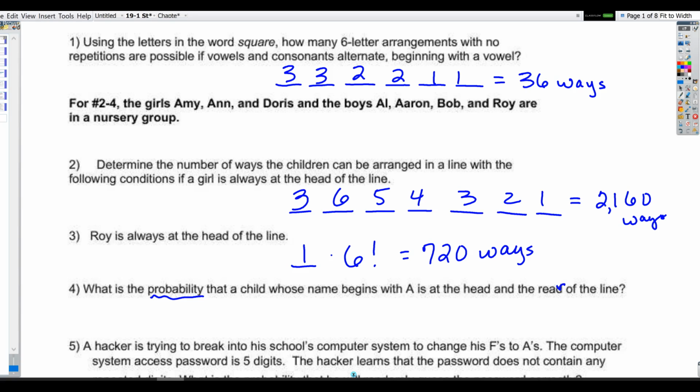So we need to think of it as the probability for any event is the number of ways that the event can occur out of the total combinations. So we need the probability for finding an A at the beginning and an A at the end of the line. Okay? So how many ways can you arrange those 7 people where an A is at the beginning and an A is at the end of the line?